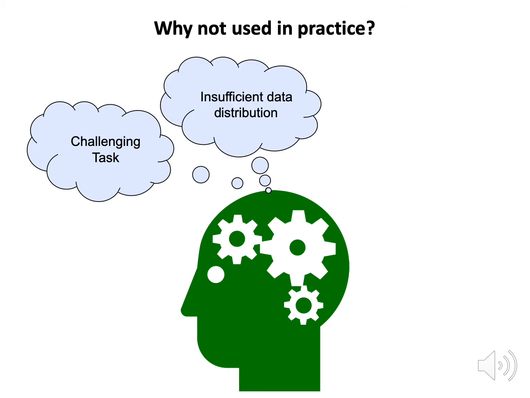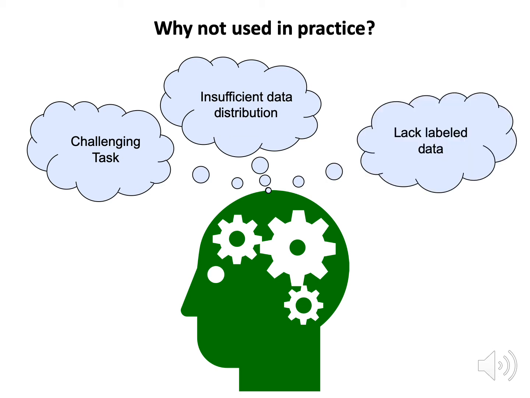There's an insufficient data distribution prior to our release of this data set. The data sets being used were each smaller and constrained to certain domains, and we really needed a better representation of family imagery worldwide. With that stemmed the lack of labeled data to support modern day complex modeling such as deep learning.